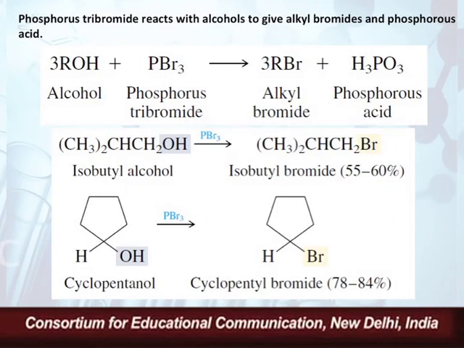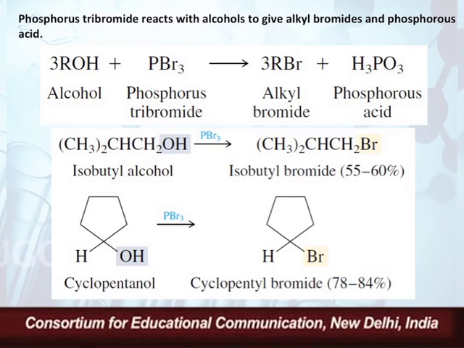In the second reaction, we have shown the reaction of a primary alcohol with phosphorus and iodine, when we get an alkyl iodide in 85% yield. Phosphorus tribromide reacts with alcohols to give alkyl bromides and phosphorous acid.